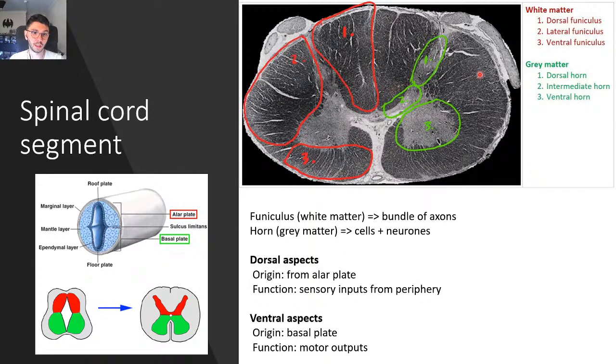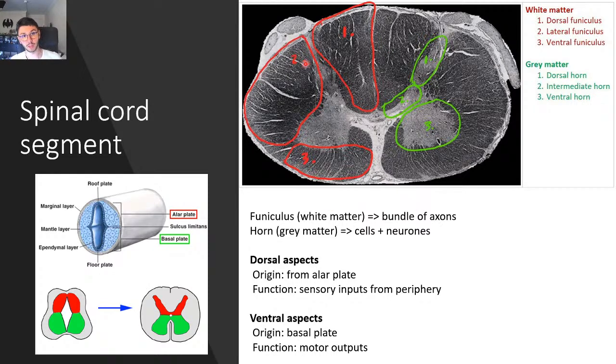So this means that the dorsal parts all receive sensory inputs, whereas the ventral parts, which are anterior, which come from the basal plate, they give out motor outputs. So that's the first fundamental division between the spinal cord segments. It's the dorsal and the ventral.